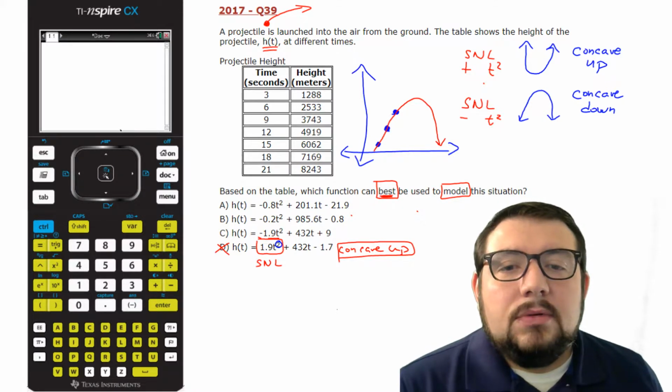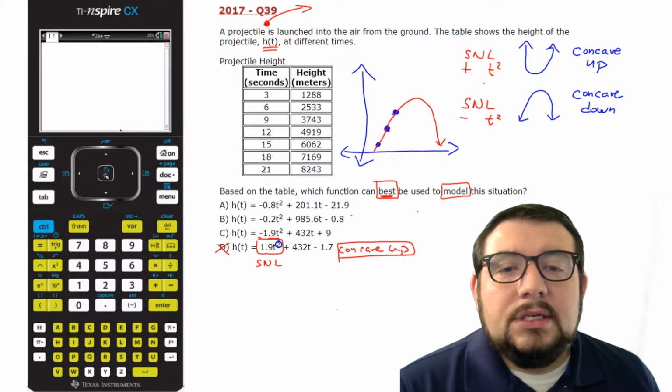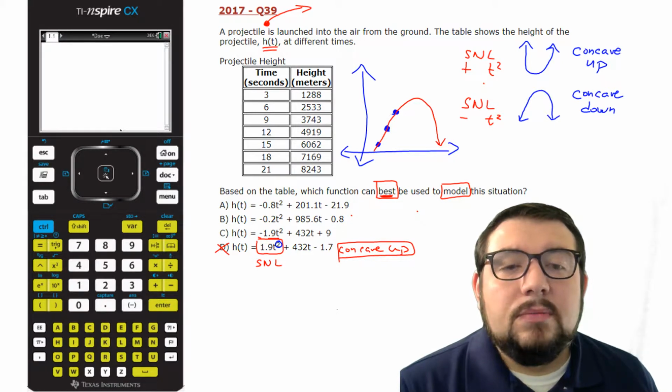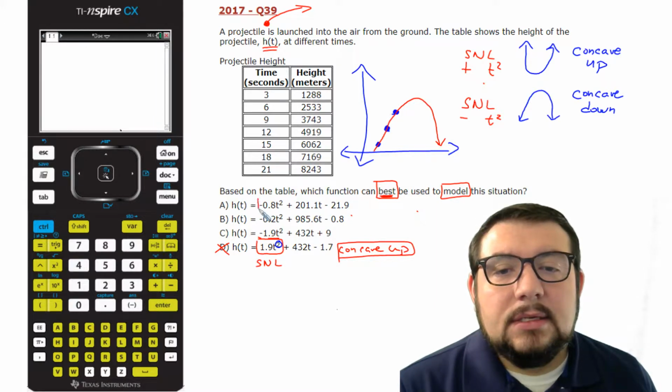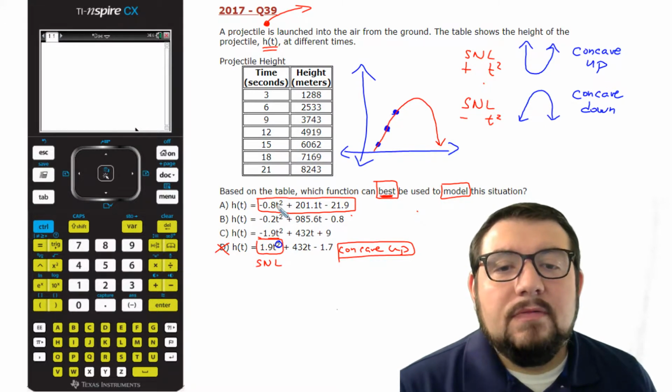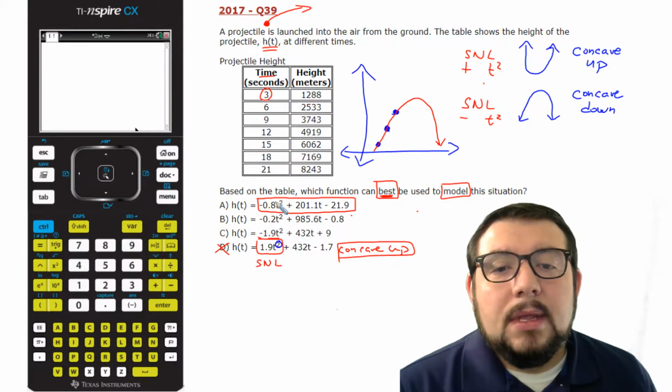Okay, so negative 0.8 t squared plus 201.1 t minus 21.9. What I'm going to do is take this exact chunk of algebra, this exact expression, and put it in the calculator, but I'm going to replace the letter t with the number 3 because that's the time.